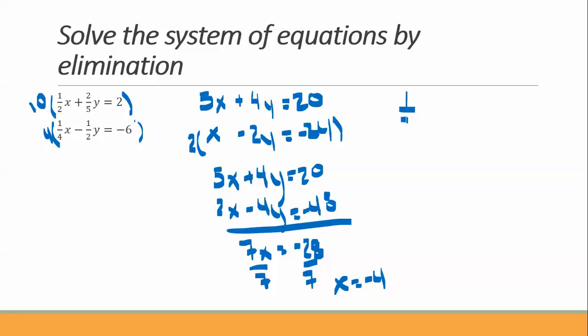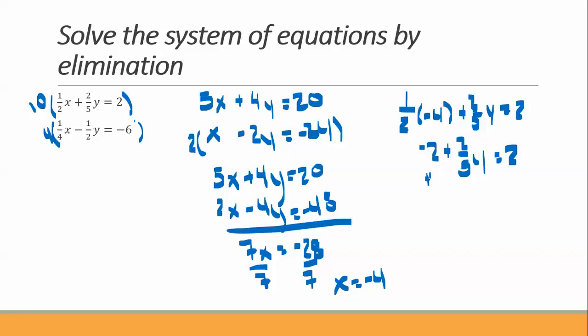So we have 1/2 times negative 4 plus 2/5 y equals 2. Notice I'm still using the equation with the fractions. I'm not going back here in case I made a mistake. That means we have negative 2 plus 2/5 y equals 2.